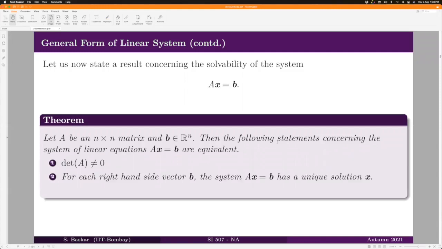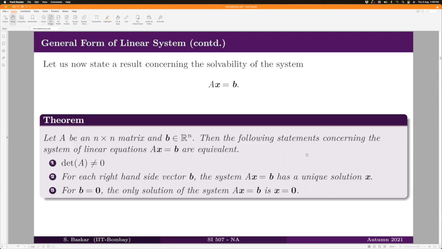The second statement is that for each right hand side vector B, the system Ax equal to B has a unique solution X. And third is for B equal to 0, the only solution for the system Ax equal to B is X equal to 0. That is when A is invertible, that is determinant of A is not equal to 0.